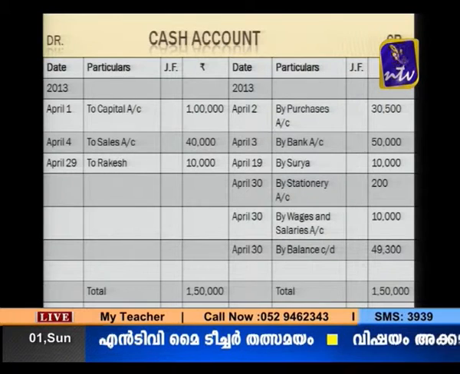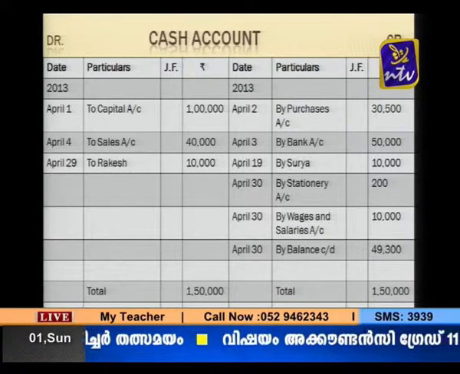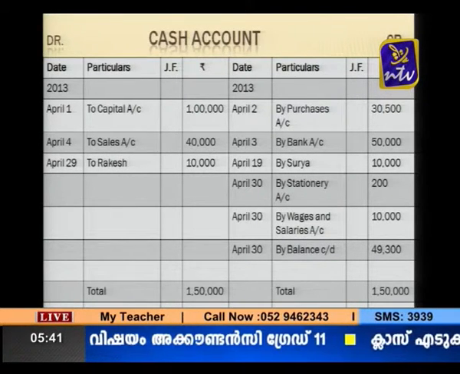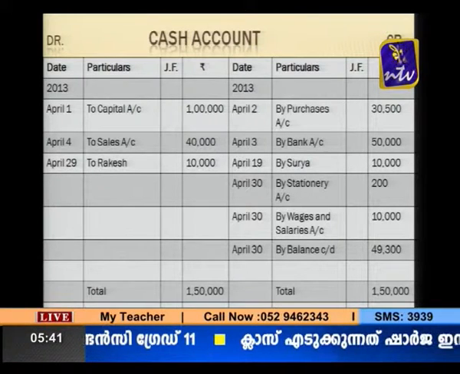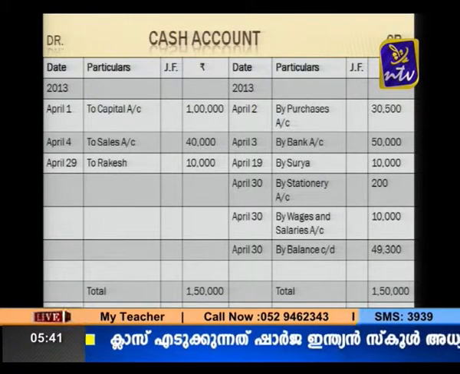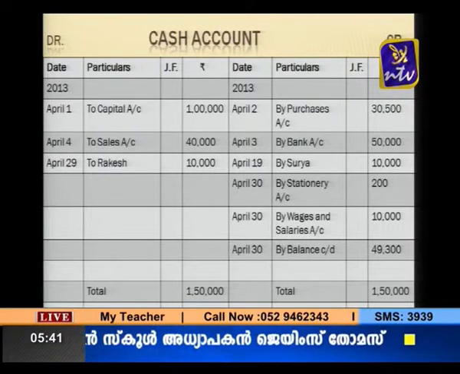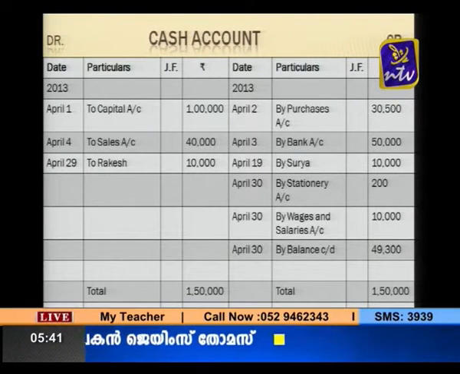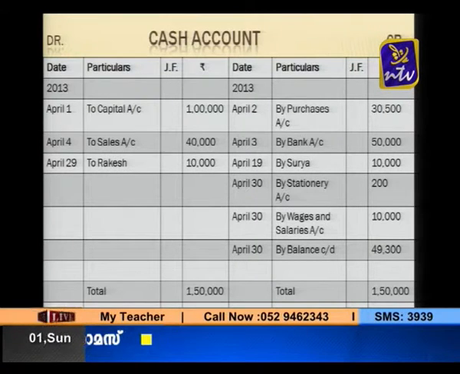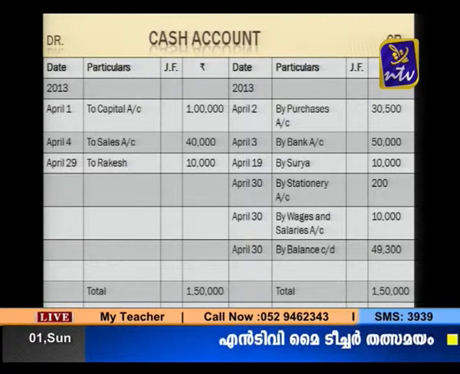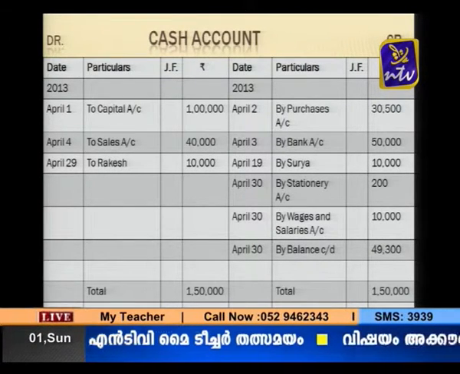After recording all the transactions through the journal, the next process is to make ledger accounts. Out of that, the main ledger account is known as the cash account. Posting means all the transactions are posted to the respective ledger accounts. The cash account is meant only for cash transactions.